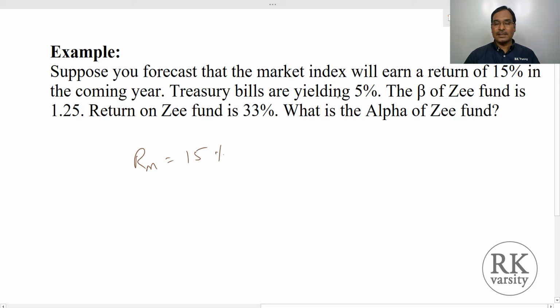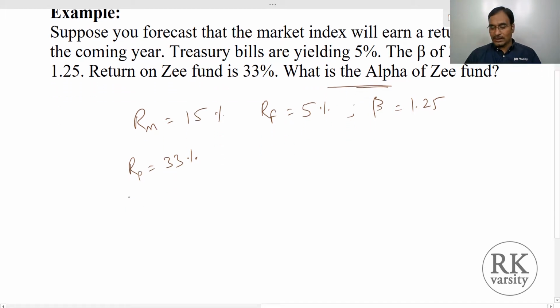Treasury bills are yielding 5%, that is your risk-free rate, and then the beta of the stock or beta of the fund is 1.25, and the return on Z fund, that is the return on the fund or portfolio, is 33%. Then what is the alpha value, whether this alpha is positive, negative, or zero. So how are we going to calculate the alpha?